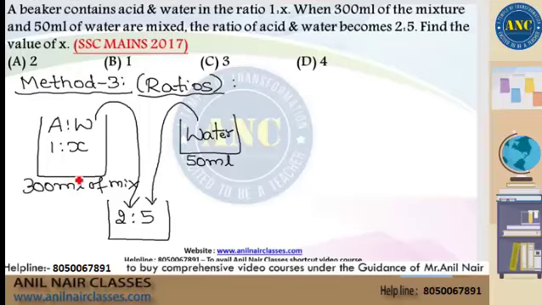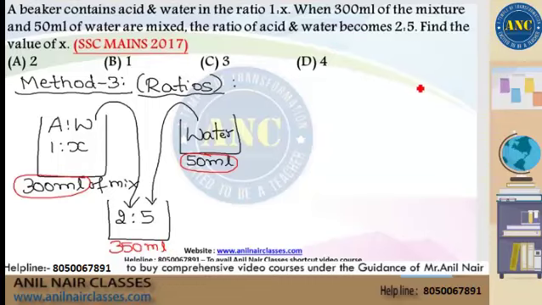Now see here, sir. Simple common sense. In the first vessel, I have 300 liters of mixture. In the second vessel, I have 50 ml of water. I am mixing, so totally in my third vessel I should have 350 ml of mixture.